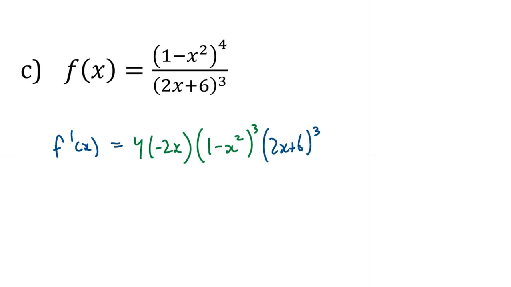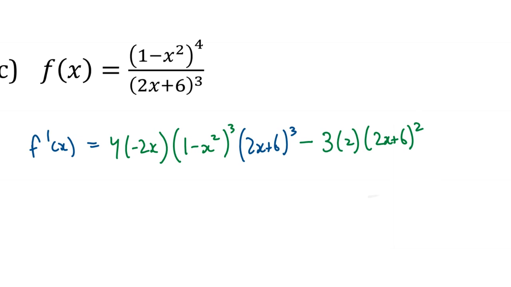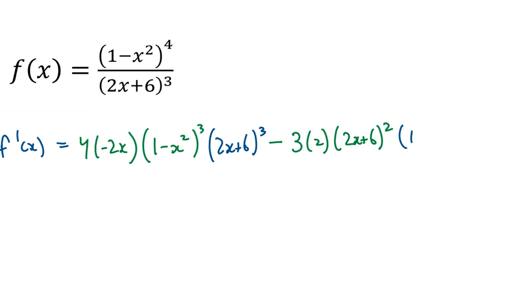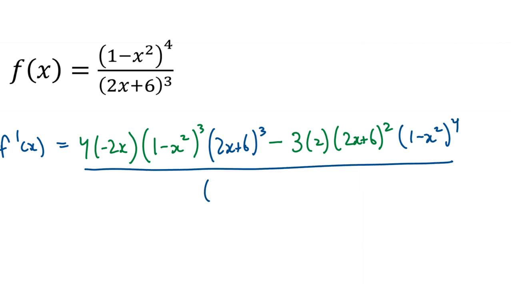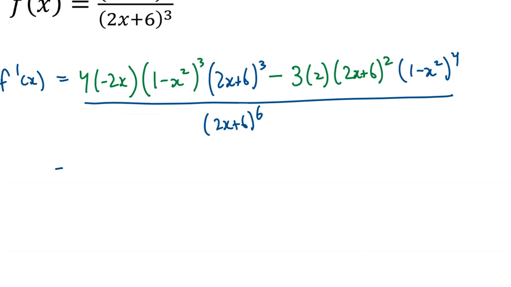So derivative of the top, you see it there in green, times the bottom, minus derivative of the bottom, all over the bottom squared. So 2x plus 6 to the 6. Okay, clean this up a little bit.